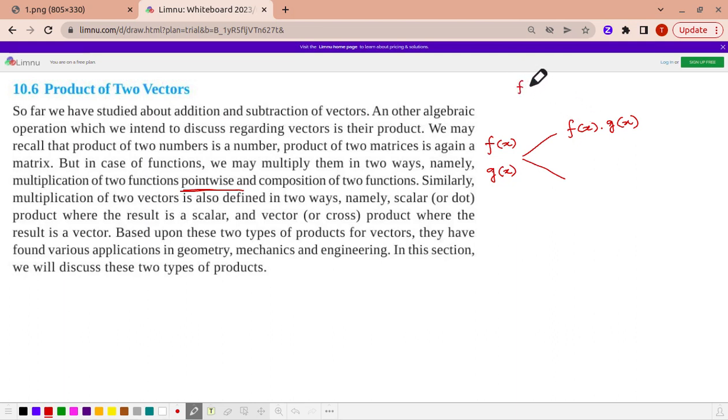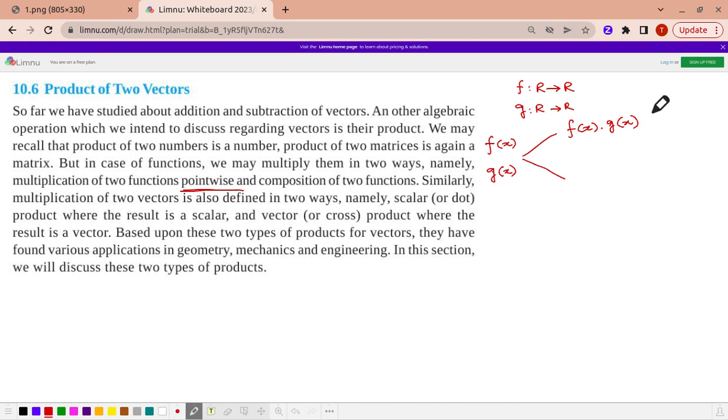That means, if you recall the function notation, f is from R to R and g is also from R to R. Now when you make f(x) into g(x), that is a pointwise multiplication. And the result we get is a number, a real number.